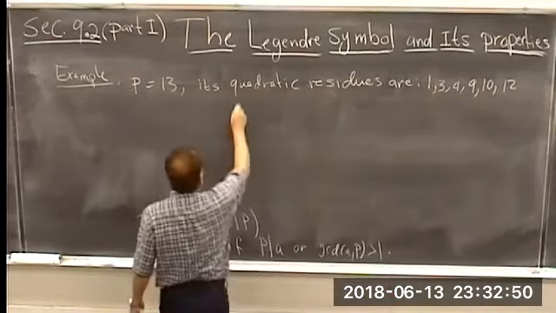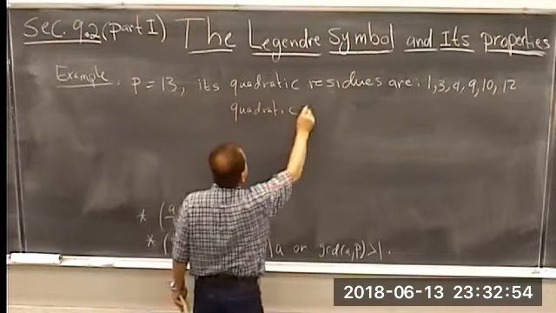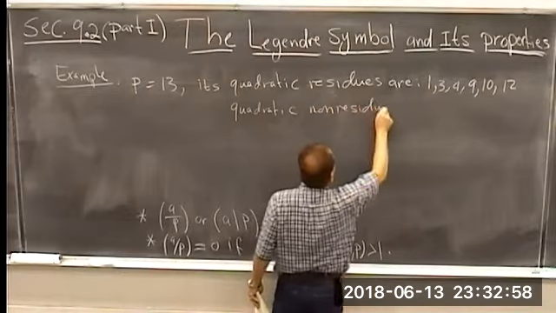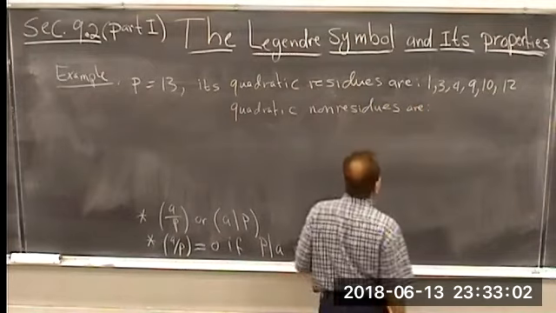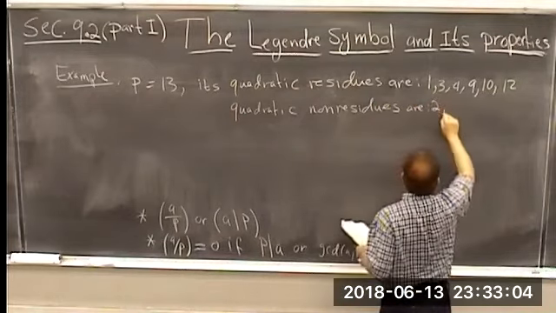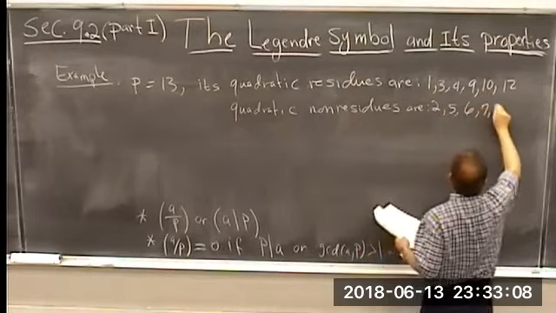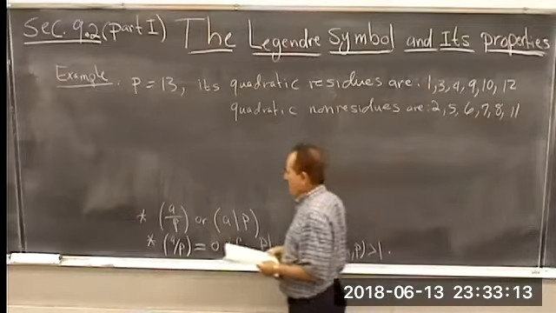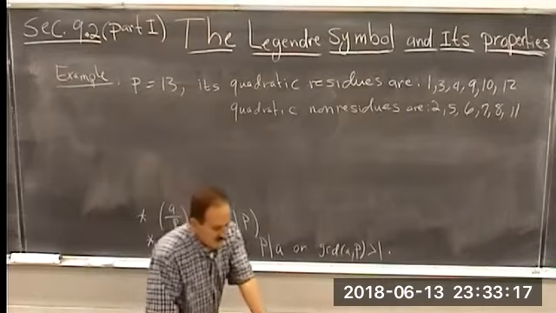And the quadratic non-residues are the other integers, which are 2, 5, 6, 7, 8, and 11. And as you see, half of those are quadratic residues, the other half are quadratic non-residues.